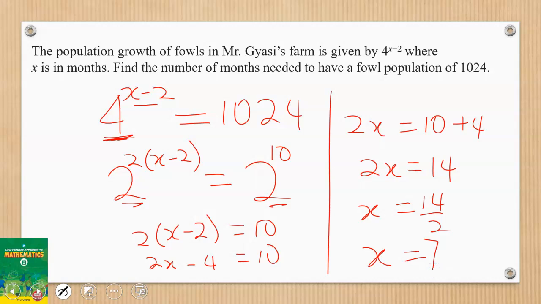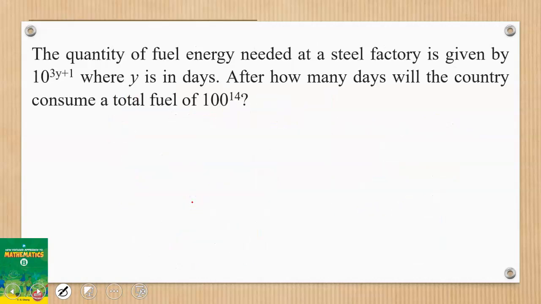Okay, let's see the last example. The quantity of fuel energy needed at a steel factory is given by the exponential 10 to the power 3y plus 1, where y is in days.